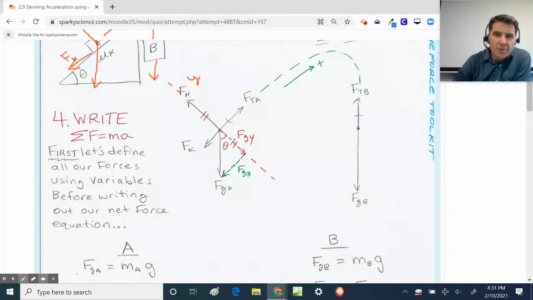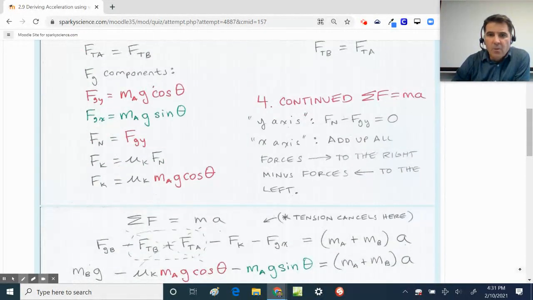The plane of motion goes up and follows the string, so I'm going to call that my x-axis. There's nothing out of the x-axis here, side to side, so I don't need to worry about that. There's no side-by-side motion. So going down here, in the y-axis, Fn minus FGY equals 0, and it's not going to bounce up and down off the hill.